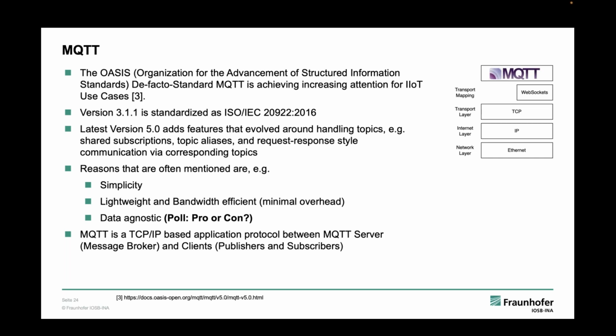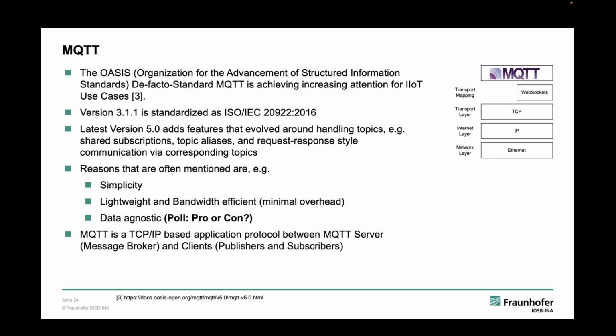The latest version 5 adds features that evolve around handling topics mainly. And the reasons why MQTT is so in favor today are its simplicity, it's said, the lightweight and bandwidth efficient communication with a minimal overhead, and that it's data agnostic.